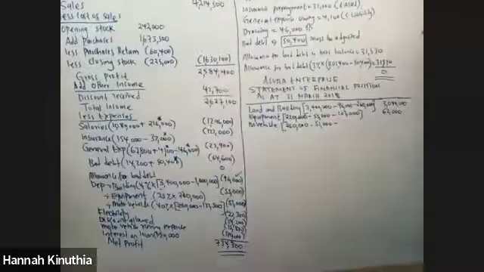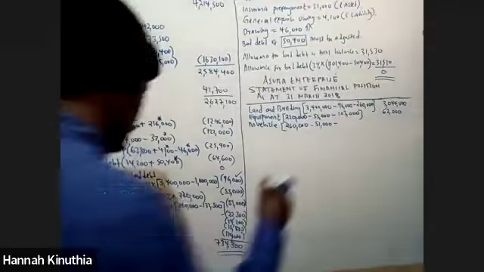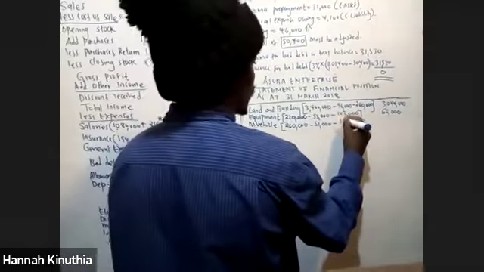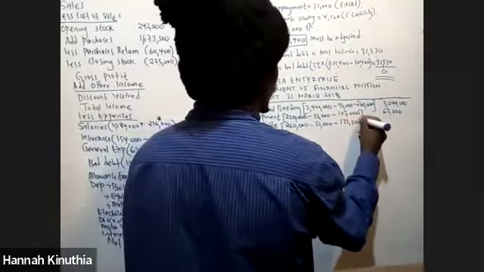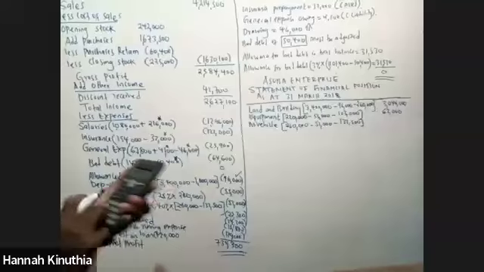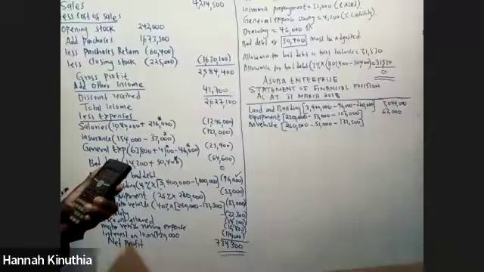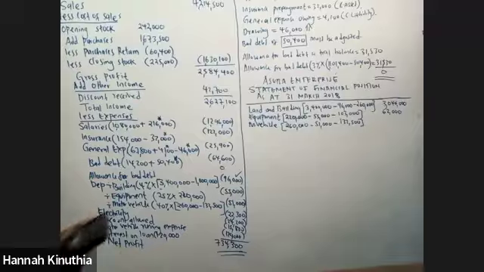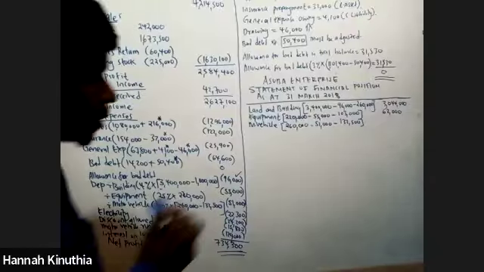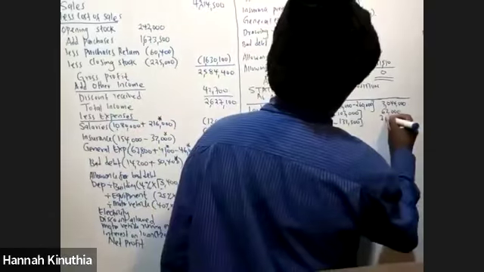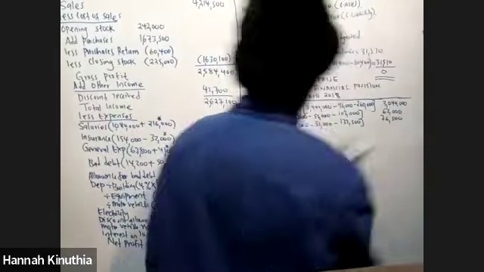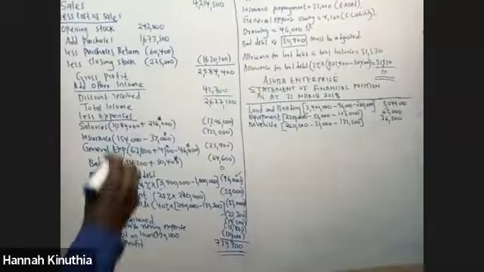Then our accumulated depreciation for motor vehicle was 132,500. So 260,000 minus 132,500 minus 51,000. So 76,500.